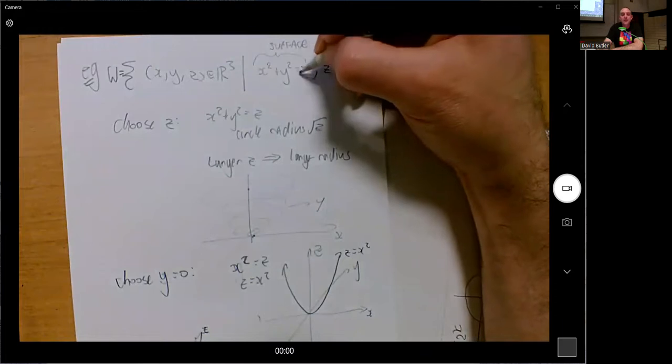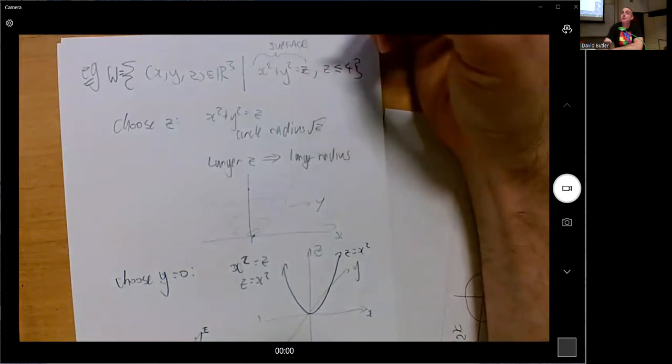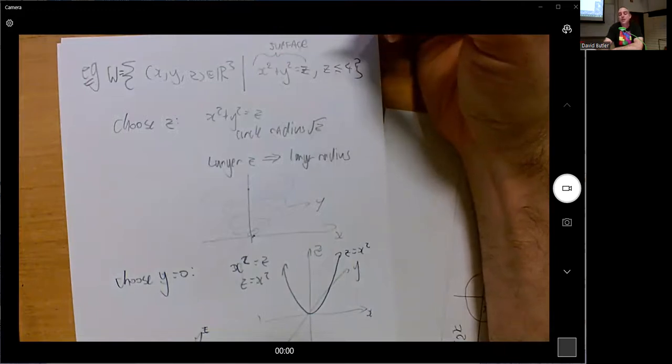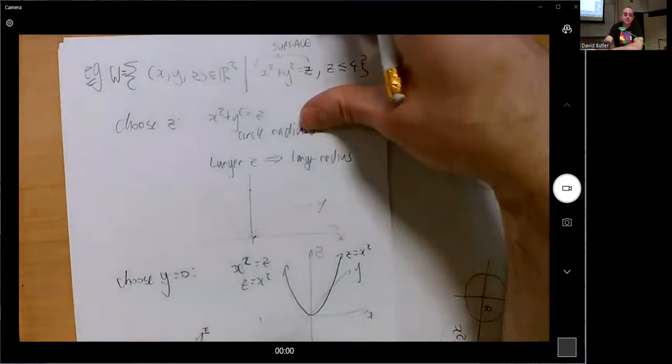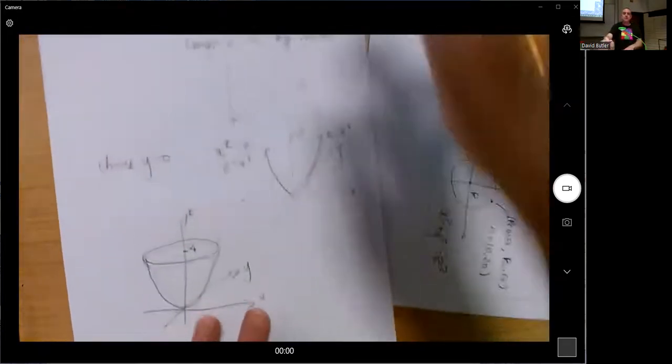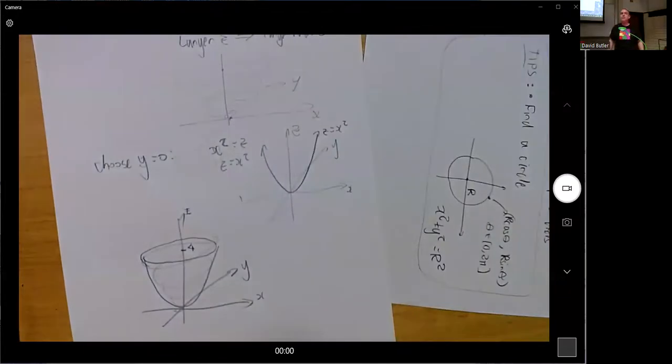If it had been less than or equal to z, that would have been a whole other thing. That would have been a volume because it doesn't tell me exactly what x and y and z are. It only tells you where the edge of it is. Any questions or thoughts about that?